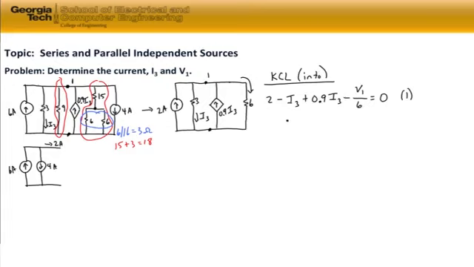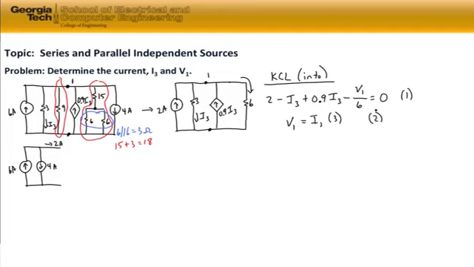Using Ohm's law, V sub 1 is equal to I sub 3 times 3 ohms. That gives us a second equation, independent from our first: V1 equals I sub 3 times 3.